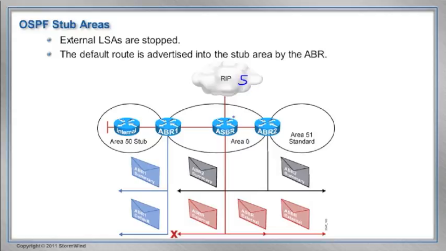So there's our autonomous system boundary router, and it is taking in these Type 5 LSAs, and it is sending them out into the various areas. Sure enough, here we can see Area 51 is standard, so the Type 5 LSA types, notice they go right into that area, no problem.